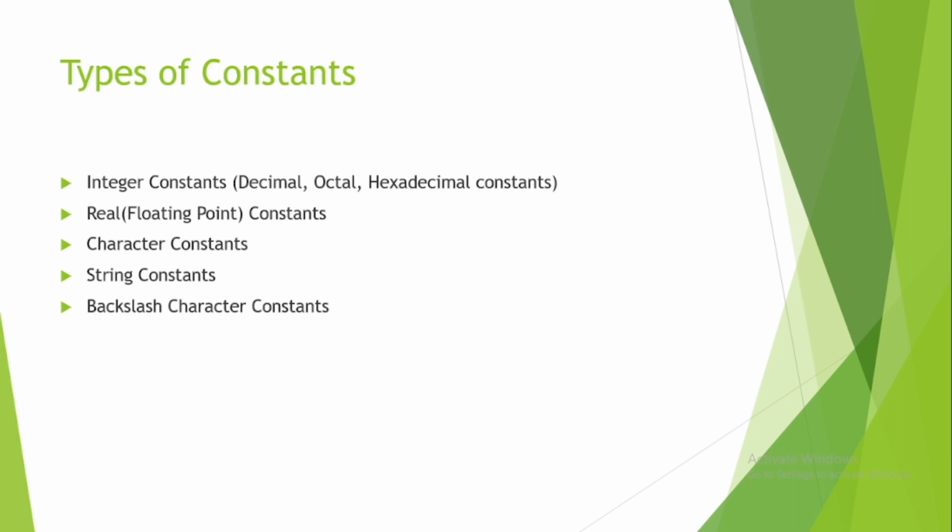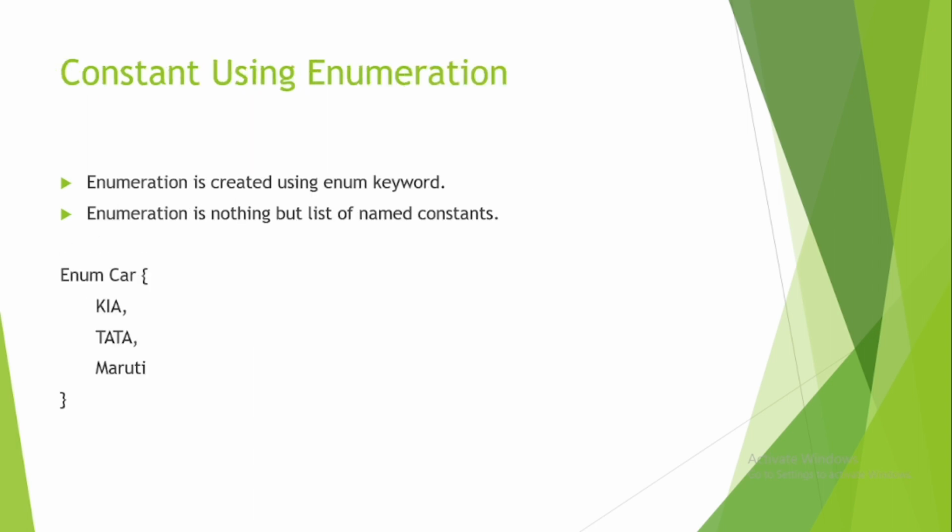String constants: if you are creating any constant having the value as a word or a character, but in double quotes, not single quotes, that will be treated as a string constant. The backslash character means, as you may have seen, that to go to a new line we do backslash n, so that is the backslash character constant. We'll see all these constants in programming, so it will be more clear then.